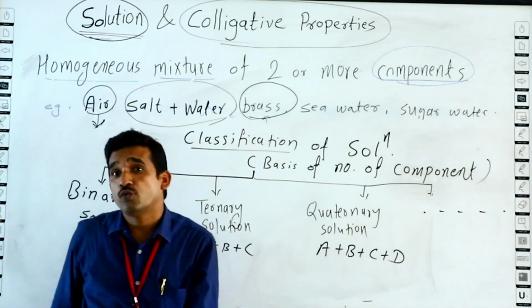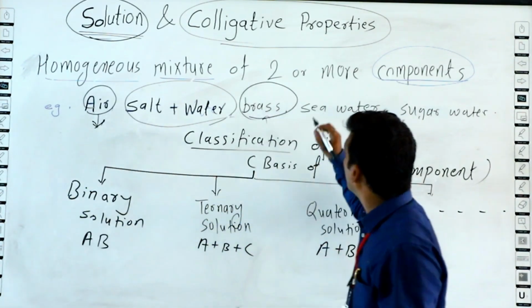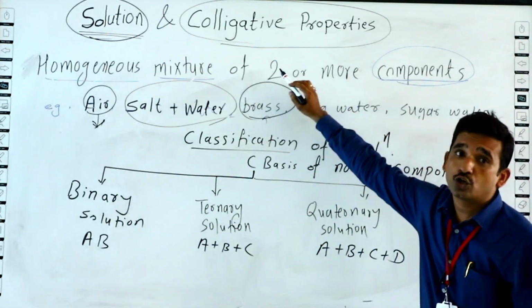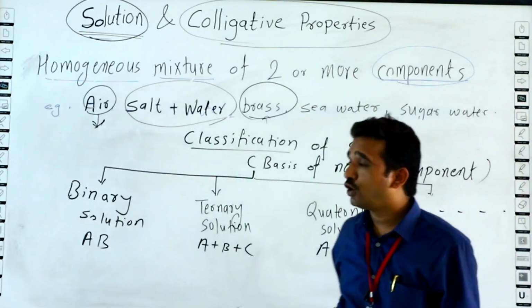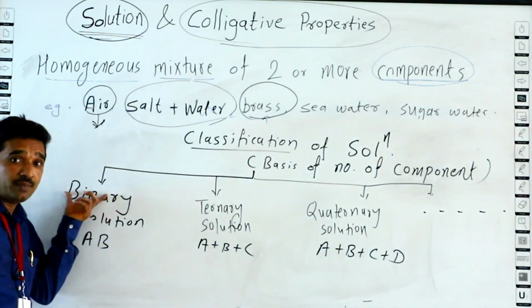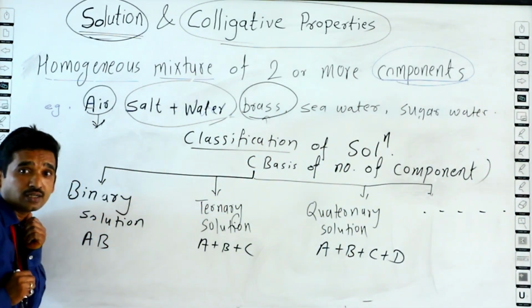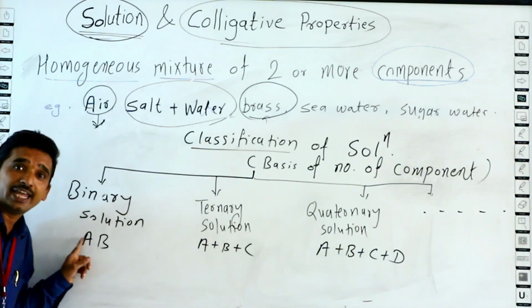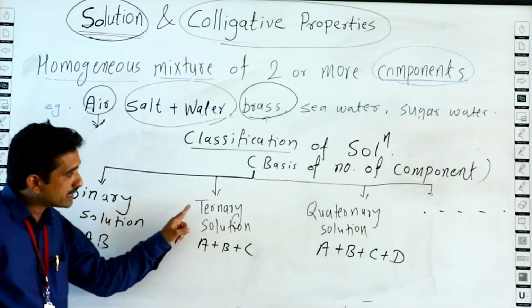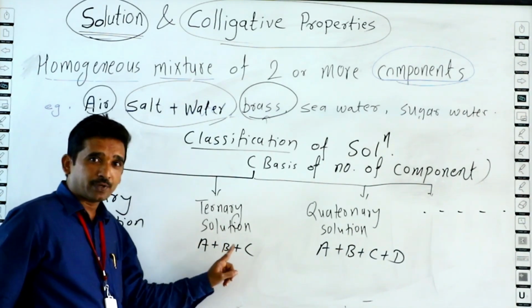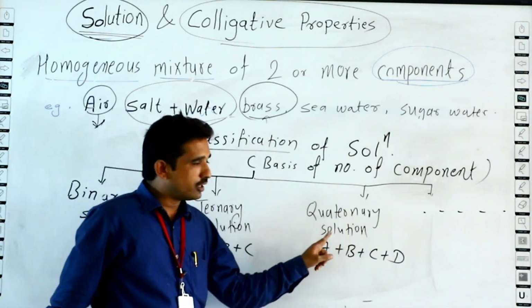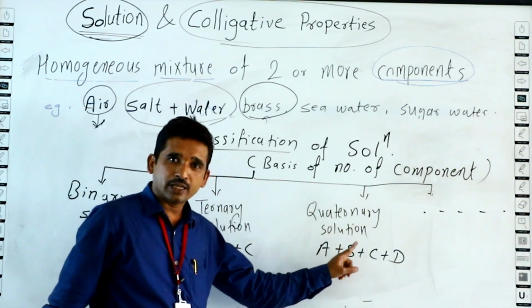Minimum condition for the solution is 2 or more. So binary का मतलब there are 2 components. The example is an AB system. The second is a ternary solution. Here are A plus B plus C. The quaternary solution A plus B plus C plus D.